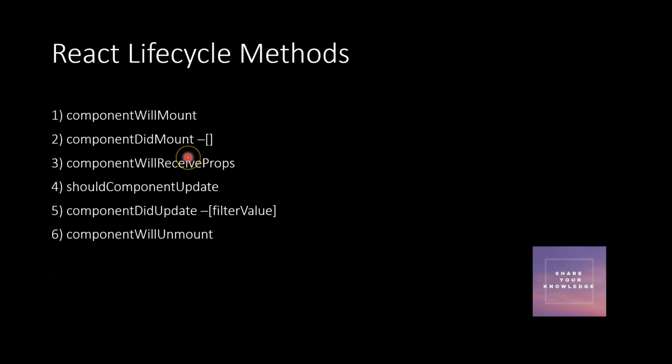Likewise, componentWillReceiveProps will get called when the component receives some properties. And shouldComponentUpdate will let you decide whether the component should update or not. componentDidUpdate is called after the component updates, and componentWillUnmount will get called when the component is going to get unmounted.